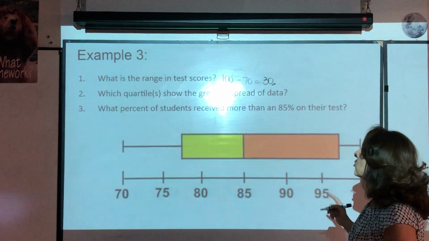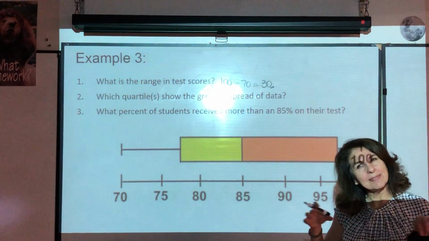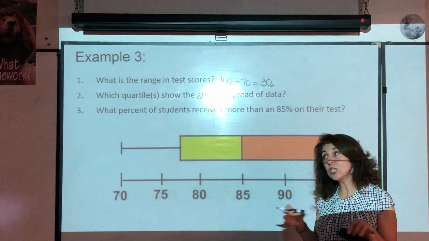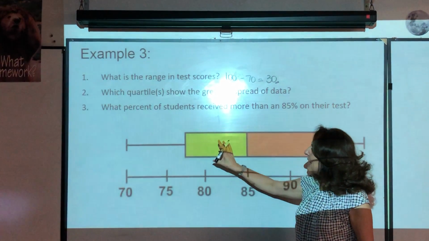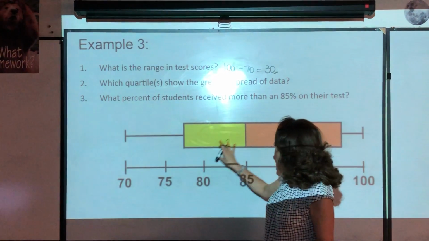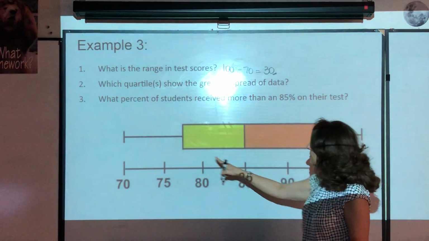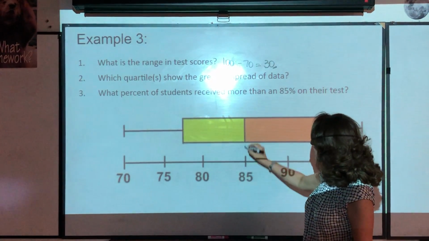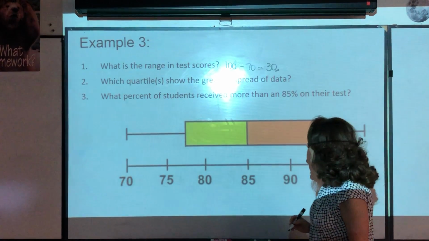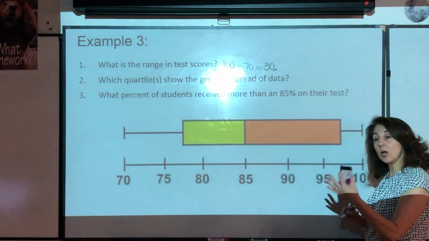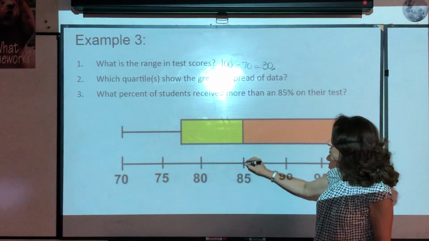Which quartile shows the greatest spread of data? So where do I find the greatest amount of information? Which quartile shows the greatest spread? Here I have my lower quartile and my upper quartile. So look at this. This one here, the difference from 85 to, this is what, 77, is smaller than the difference between 97 to 85.